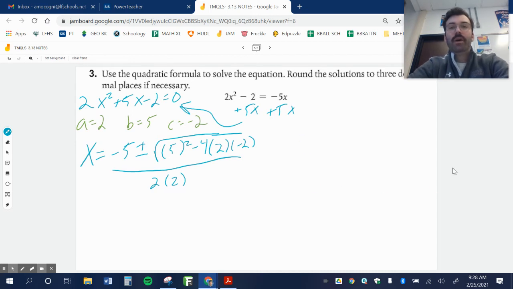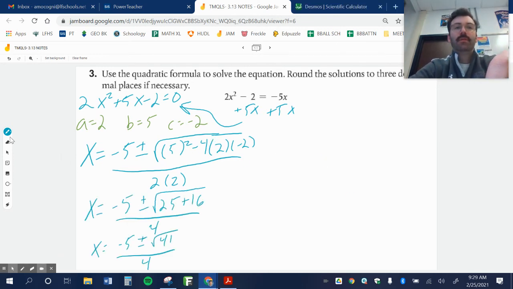Now I want you to pause again and simplify what's underneath the square root. Okay, so I got negative 5 plus or minus the square root of 25 plus 16, because negative 8 times negative 2 is positive 16. Add them together, I get square root of 41.